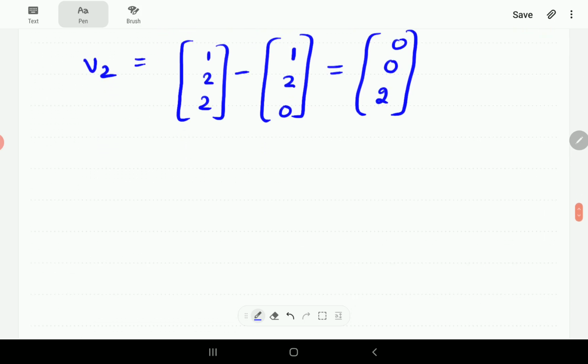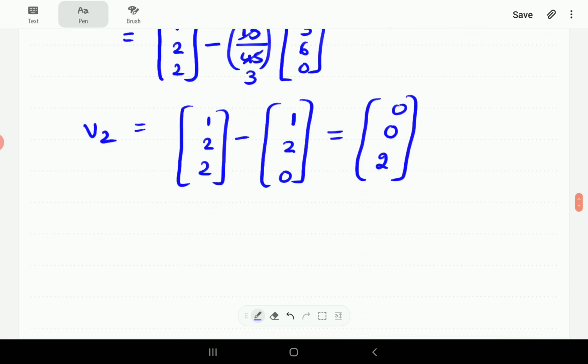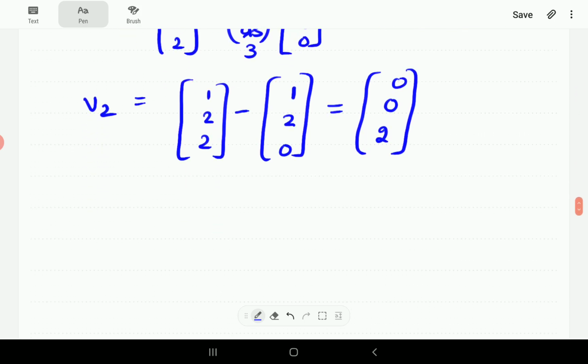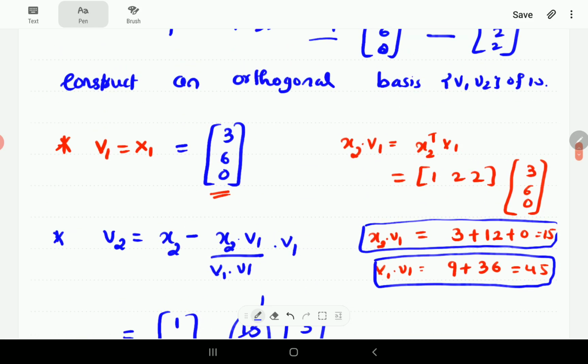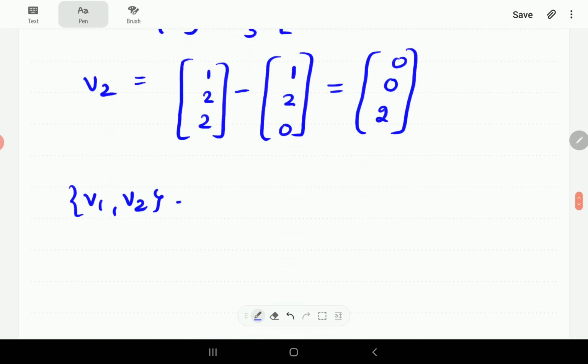Now we have got the required vectors v1 and v2. Because there are two vectors given, we will get two orthogonal vectors. Let us do a cross verification of whether v1 and v2 are orthogonal or not.